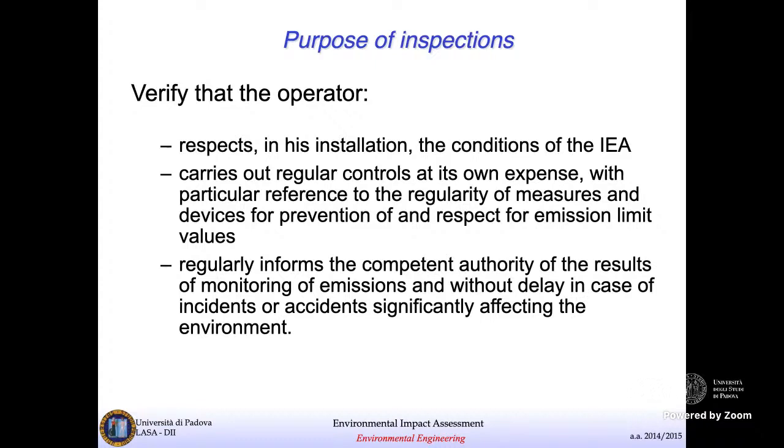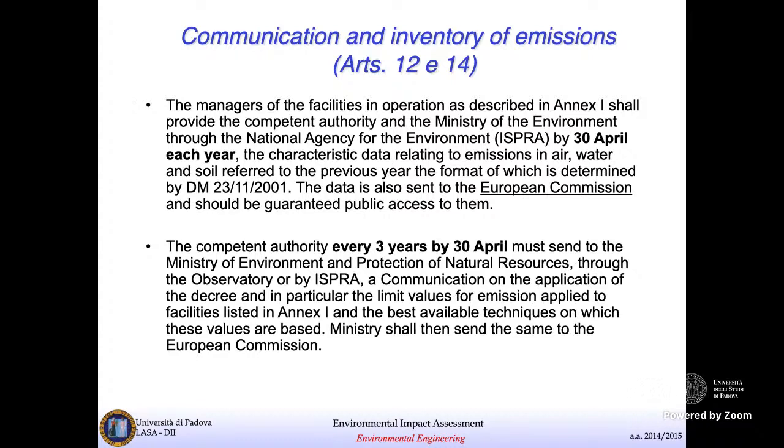During this inspection, the operator regularly informs the competent authority of the results of the monitoring of emissions, and without delay, in case of accidents that significantly affect the environment, communicates to the competent authority in order to require a review of the authorization.